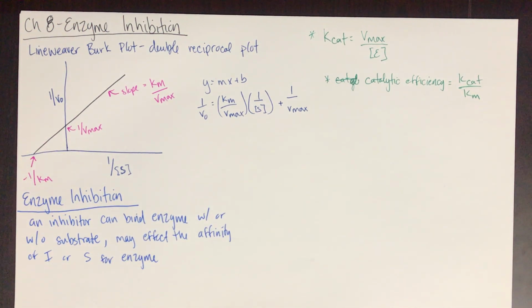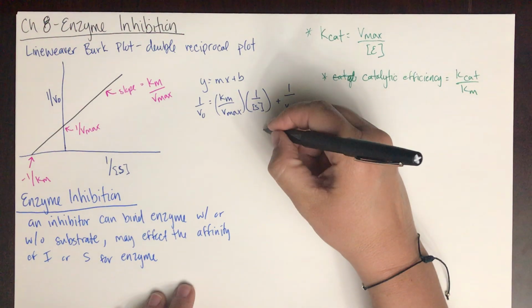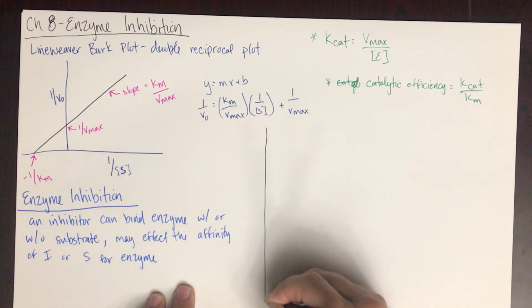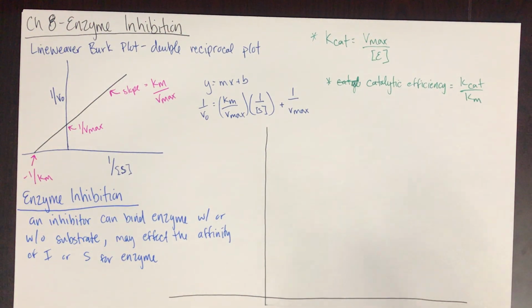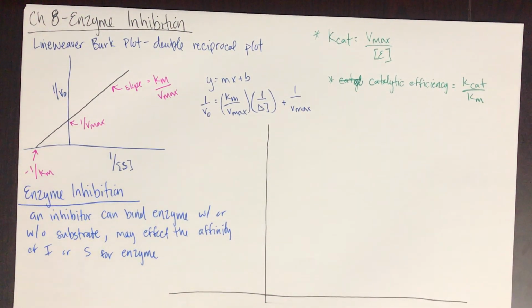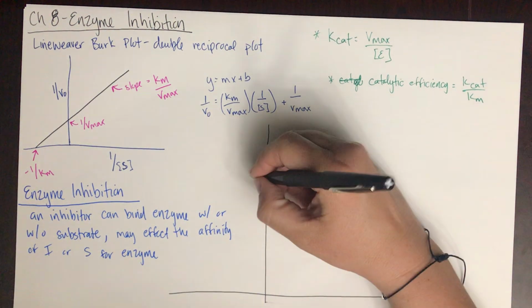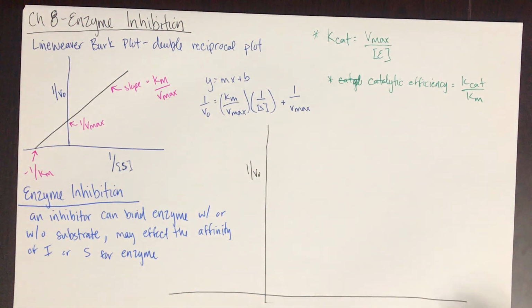Okay, so we're going to look at all of these in terms of the Lineweaver-Burk plot. So the first type of inhibition is called competitive inhibition. So I'm going to draw all of these on the same graph. I'll make my uninhibited in black, and then I'll draw everything else. So again, this is 1 over initial velocity.